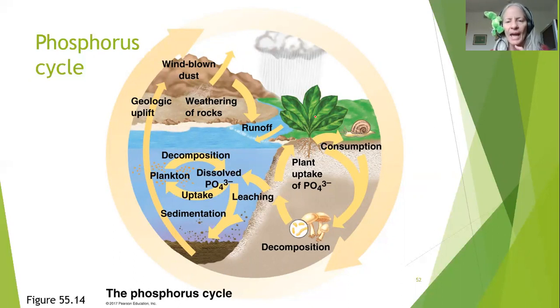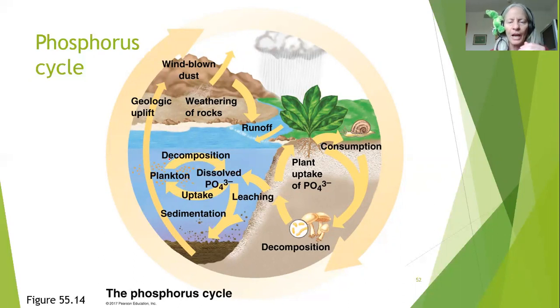And then when the animals eat the plants, they're able to incorporate the phosphorus into their bodies in those forms. Then when either plants or animals die and decompose, the phosphorus can be returned to the soil in the form of phosphate. If it leaches into the oceans, then it can fertilize plankton.